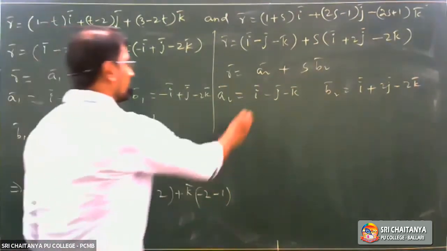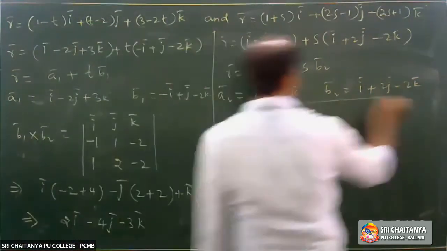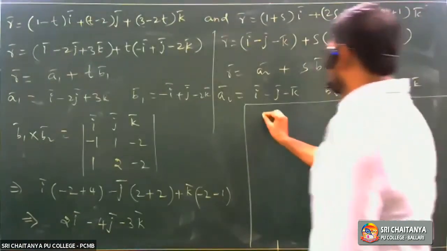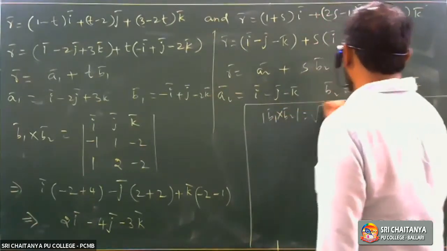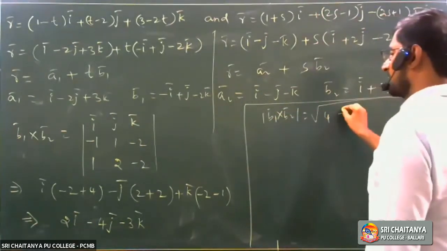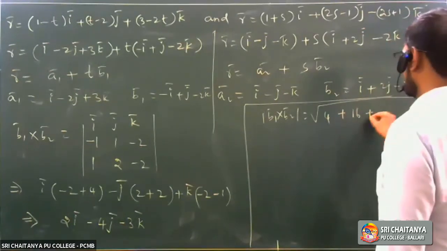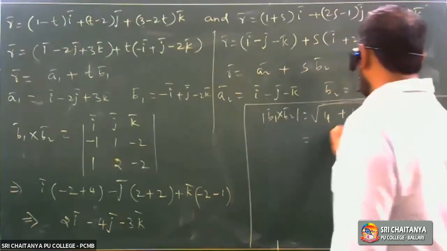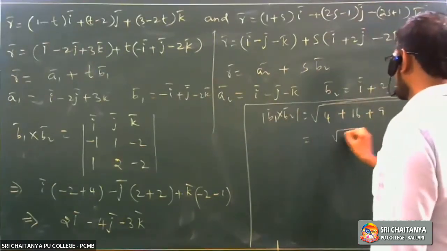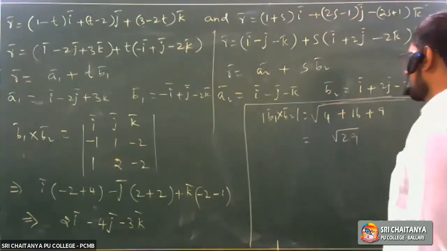After that, find the magnitude of that one using root of 2 square, 4 plus 16 plus 9. Now you are going to get root 29.